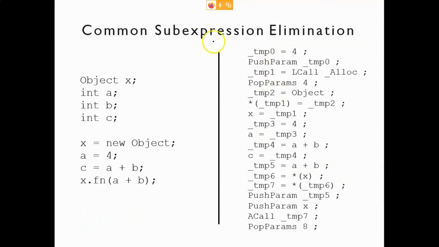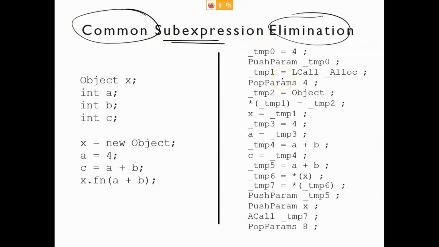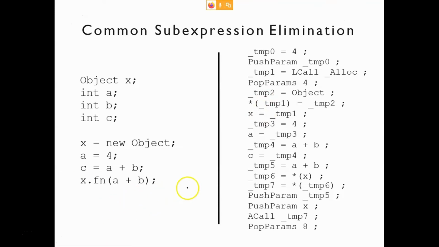Now what you can do is apply common sub-expression elimination. This is an algorithm, a technique that you can apply. It will try not to calculate the same thing again and again. Let's see here. Here you are computing a plus b and putting it into T4.